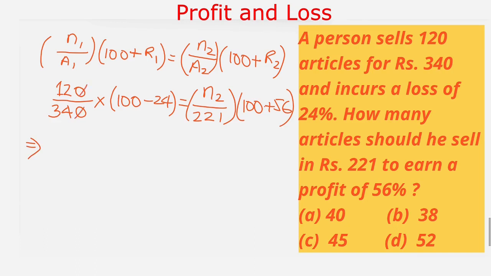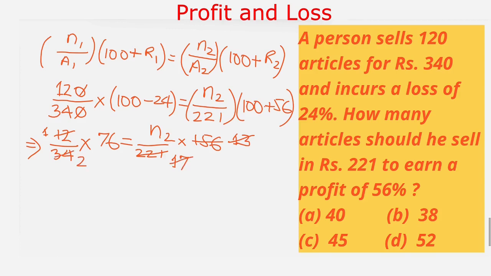We cancel the 0 of the numerator by the 0 of the denominator. This is 12 divided by 34. 100 minus 24 is 76, equal to N2, which we have to solve, divided by 221 and 100 plus 56 is 156. 12 cancels 156 for 13 times. 13 cancels 221 for 17 times. 17 cancels 34 for 2 times. 2 cancels 76 for 38 times.